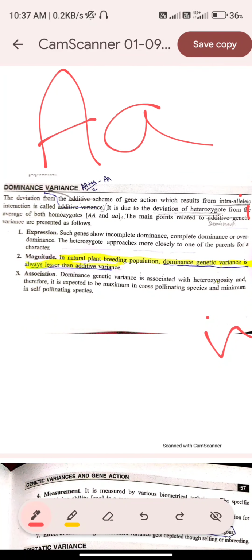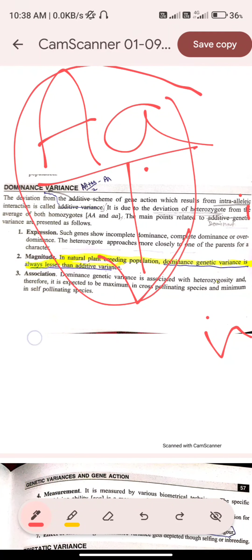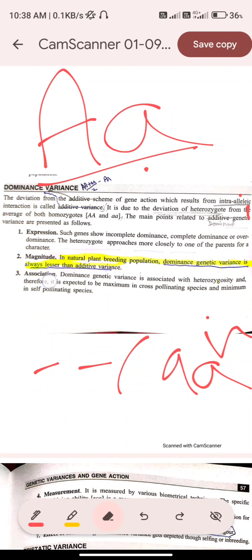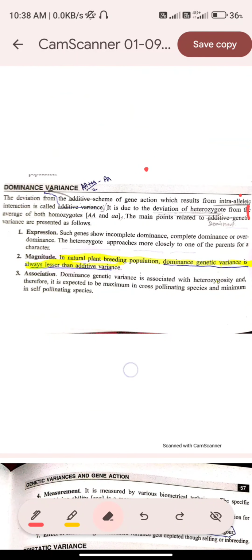That is, this is the result of heterozygote, and heterozygosity can be obtained when you are crossing two different parents, like this is formed by crossing between capital A and small a. So dominance genetic variance is always found in cross-pollinated plants. It will be maximum in cross-pollinated plants and minimum in self-pollinated plants.